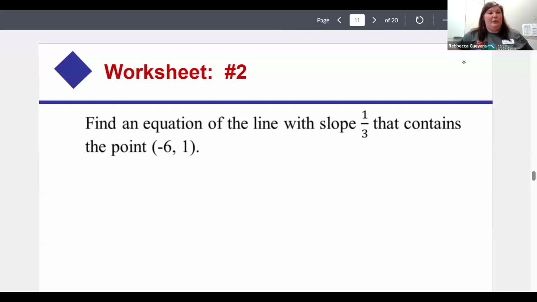So this one, we are going to have a different kind of slope. We're going to have a fractional slope. So we're going to find the equation of a line. And this time the slope is going to be 1/3, and it contains the point (-6, 1). So my x1 would be -6, and my y1 will be 1.